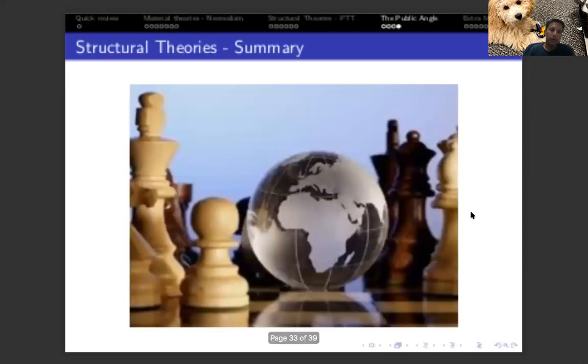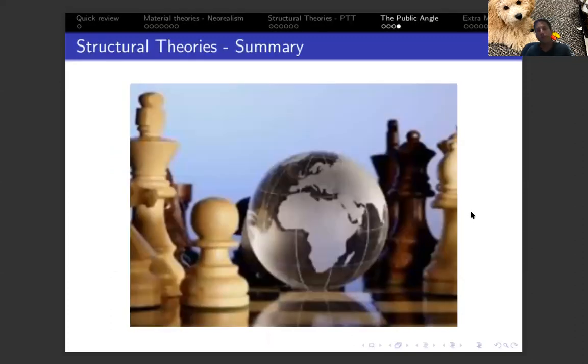Okay, so I want to finish with some summary about structural theories. So I talked today and on Tuesday at length about three of the central structural theories of international relations. Realism was on Tuesday mostly, neorealism was a little bit on Tuesday and some today, and power transition theories. Those theories have some common aspects between them.